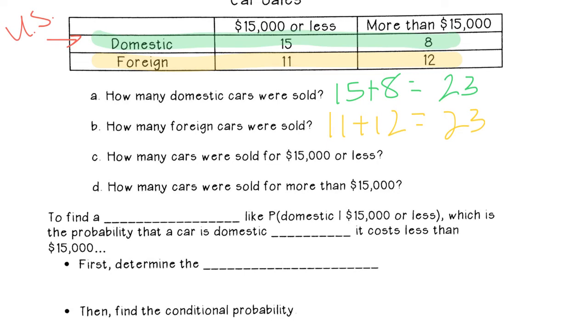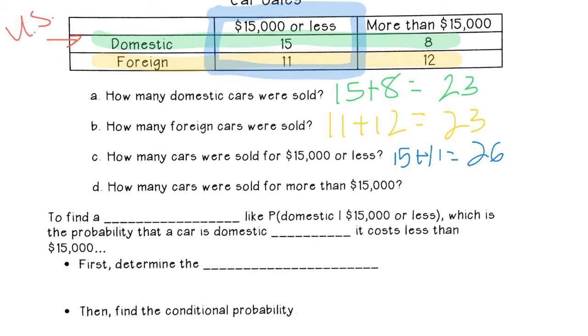Now, letter C, let's scroll up a little bit. Letter C says how many cars were sold for 15,000 or less. So in my chart, I need to now look at the columns. So 15,000 or less is the first column. If we add that up, it's going to be 15 plus 11, which is 26. So there were 26 cars sold for $15,000 or less.